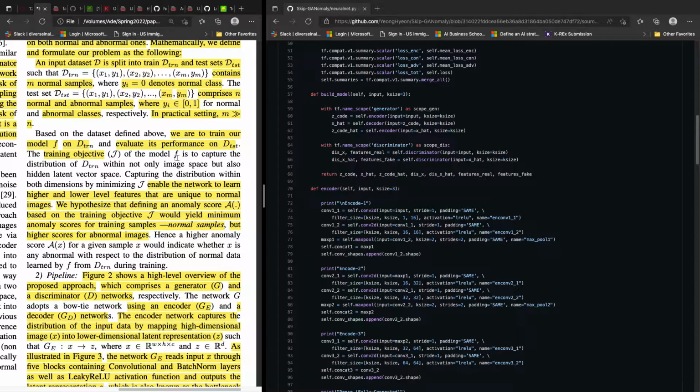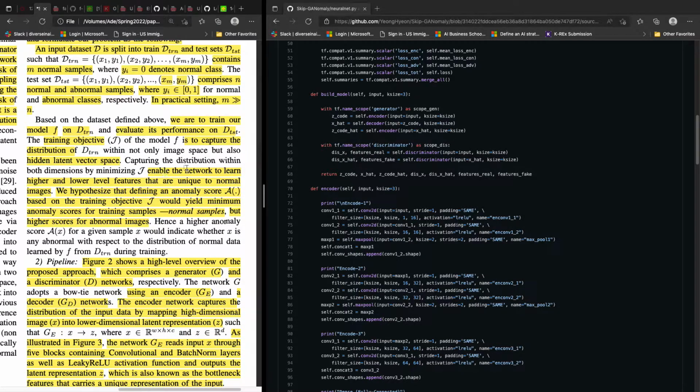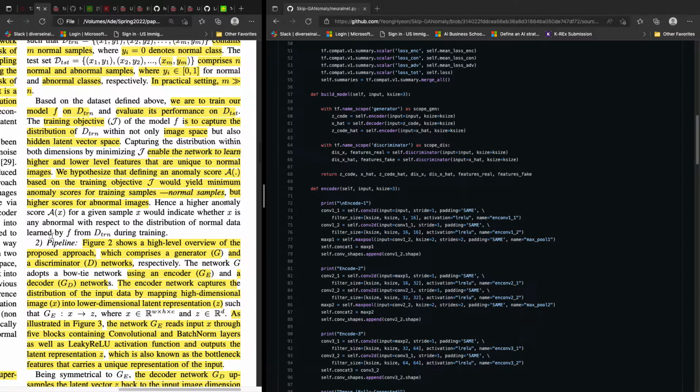What the model is supposed to do is to capture the distribution of the training data within not only the image space but also the hidden latent vector space, which we have explained before. Capturing the distribution within both the image space and the latent vector space enables the training objective to learn higher and lower level features that are unique to only the normal images.